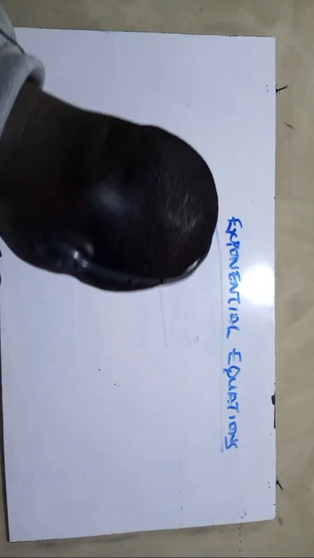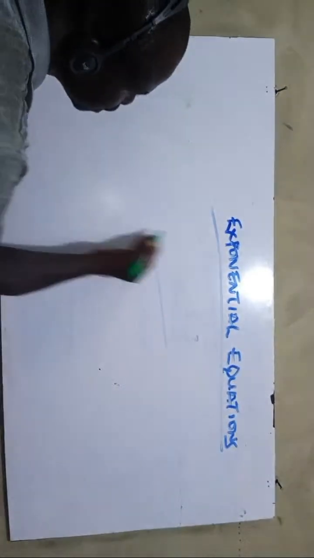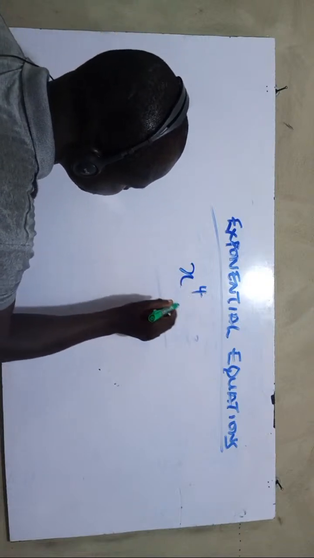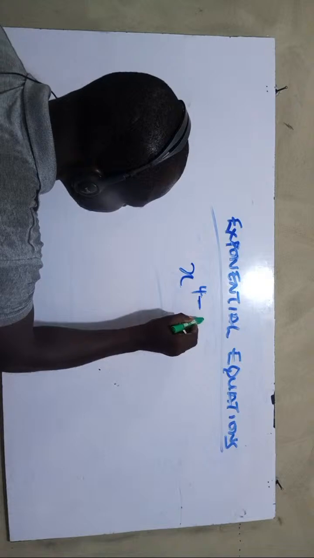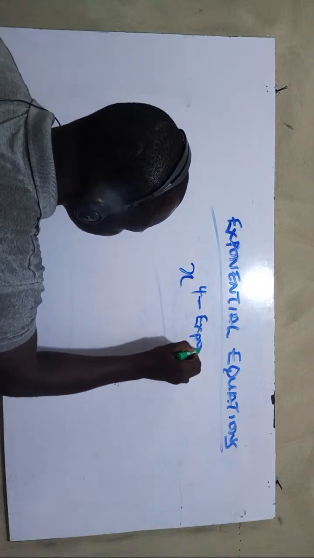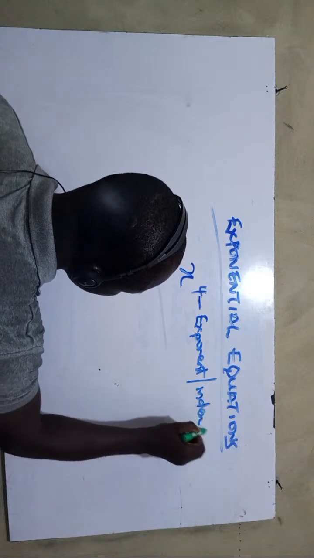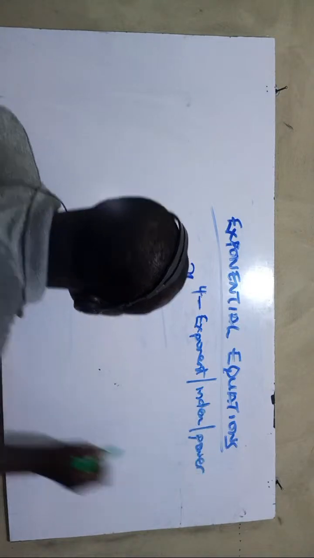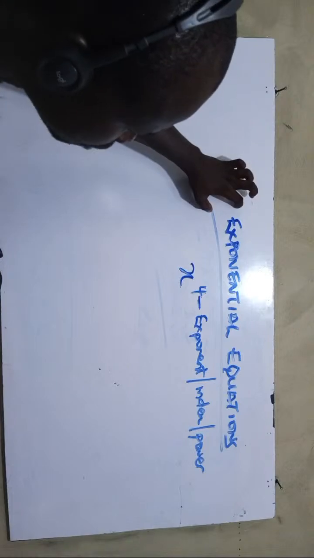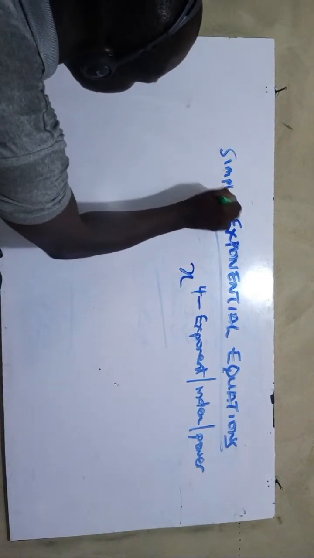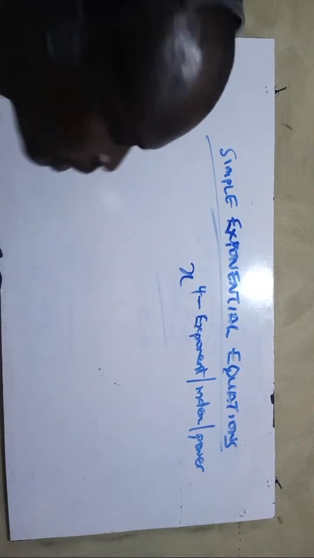That is, when I introduced the topic, I said when you have s raised to power 4, this 4, you can call it exponent. It can be referred to as exponent or index or power. So from this subtopic that I introduced now, let me just put the word simple so that people will not think it's something that is complex.